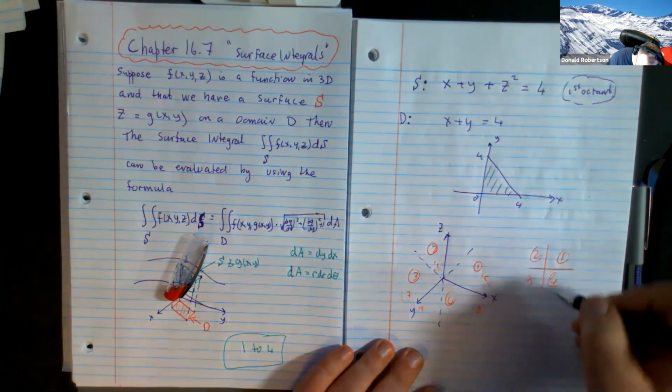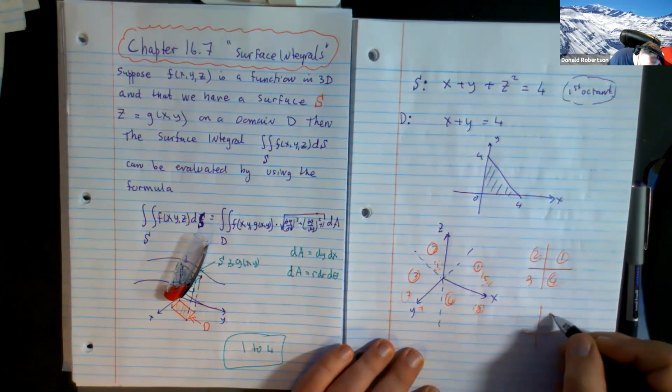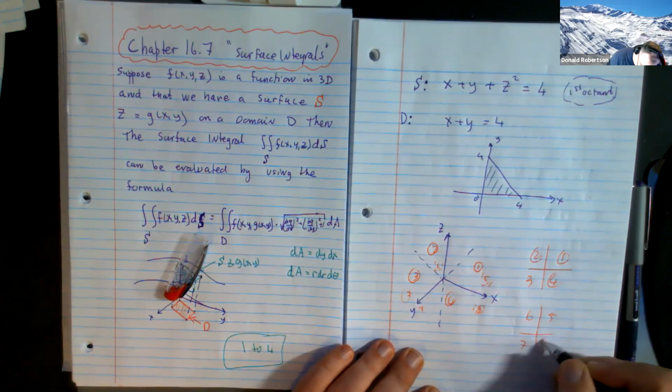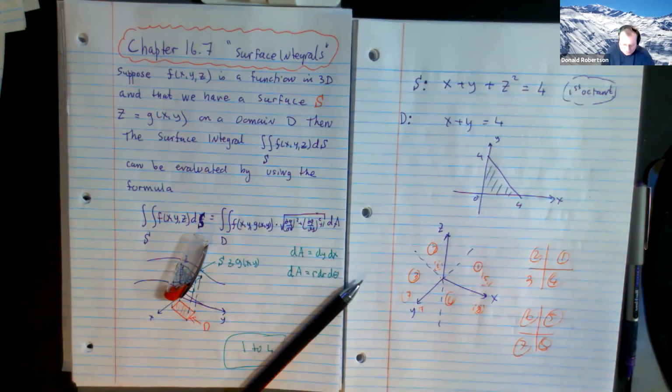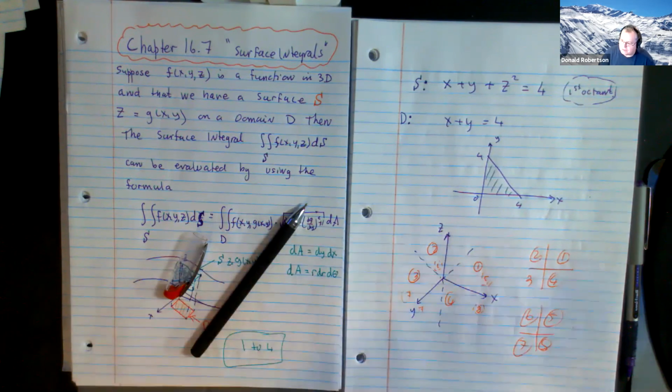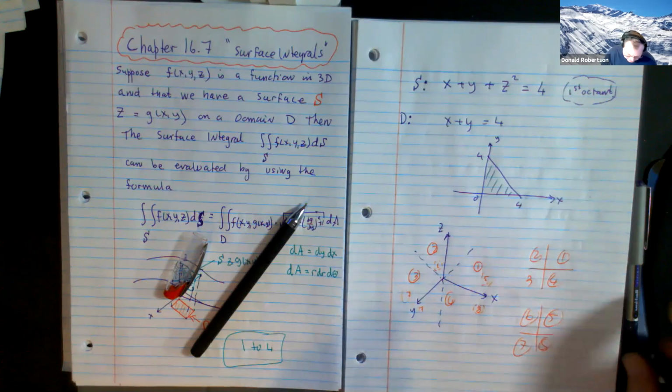And then underneath it... I don't know, does that help? It's really hard to draw a 3D thing on 2D paper. But I don't think we've ever done a question where it wasn't the first octant. So you're probably never going to need to worry about it being in the 7th octant. But I guess you could figure it out.